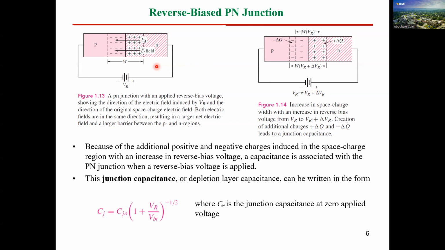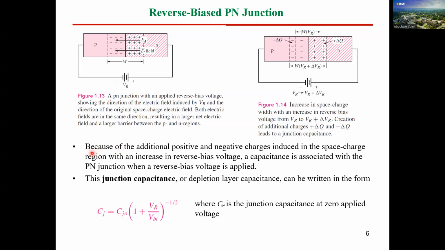So if you connect a PN junction in reverse biasing, the depletion region width will be increased. So the depletion region increase means the resistance will increase more, and this means no current is gonna flow. So this is the reverse bias PN junction.